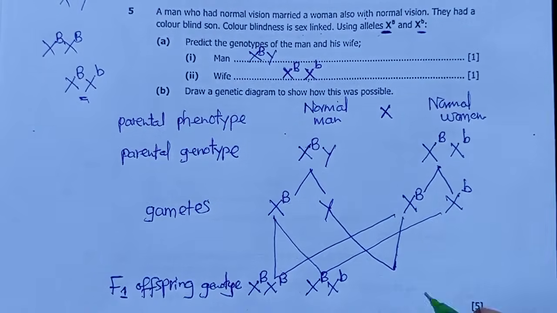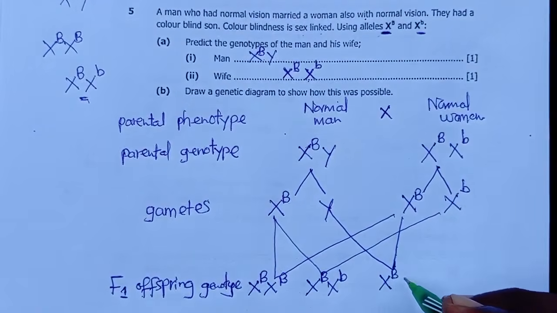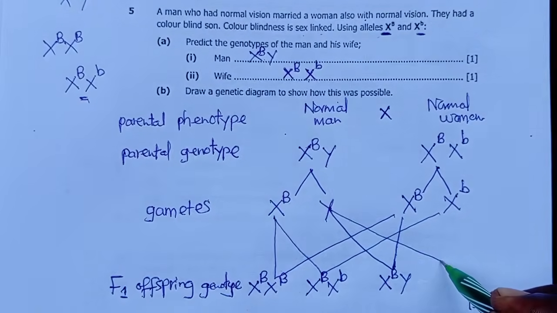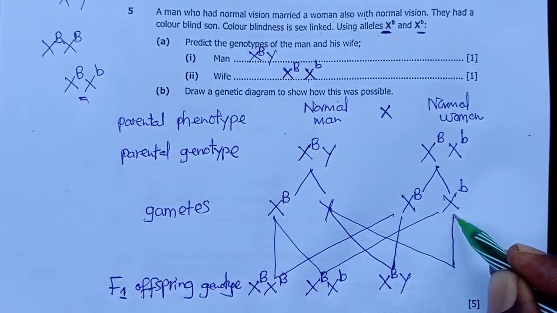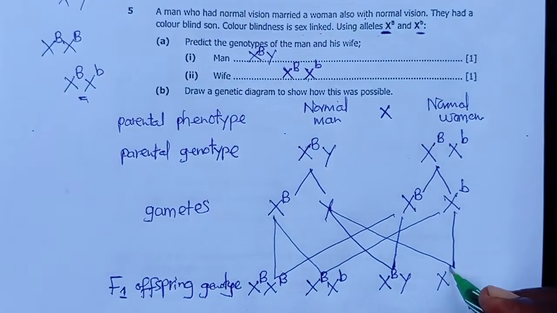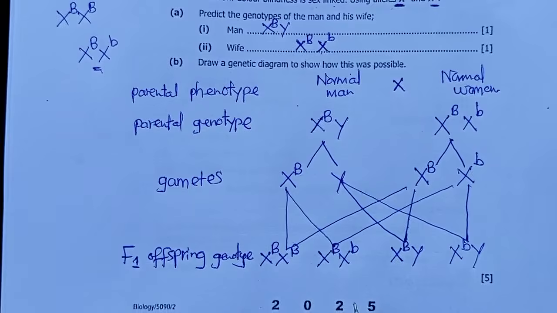So we start with X capital B, Y. Then this one goes at the end there, then it goes straight like this. Have you seen how my genetic diagram is? So X small b, and Y.